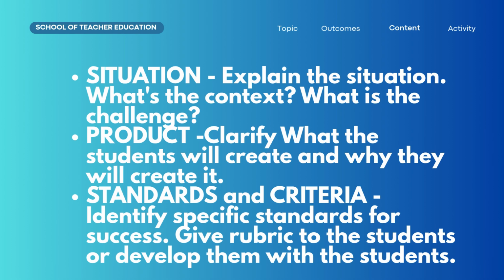And of course, the standards and criteria would be those. What are your criteria in judging them for that certain performance or product, either a product or performance-based type of assessment? You give them the rubric in a way that they know how they will be assessed or rated.